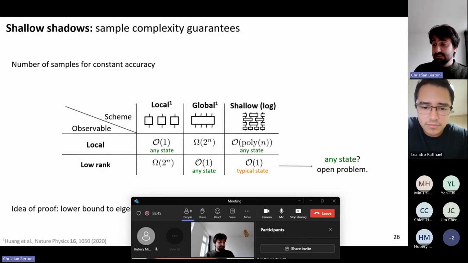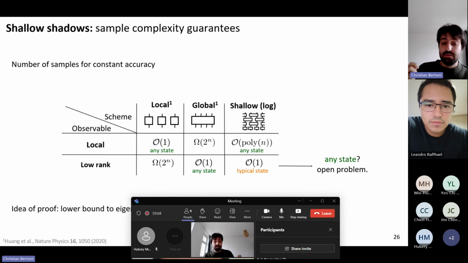If you do this, the variance as a function of the state and the observable is a so-called third moment of the circuit, which means it involves a cubic power of the unitaries in the circuit. While if you average over the states, the variance is linear in the states.